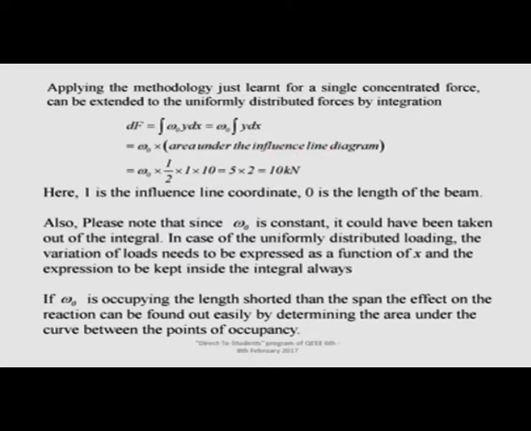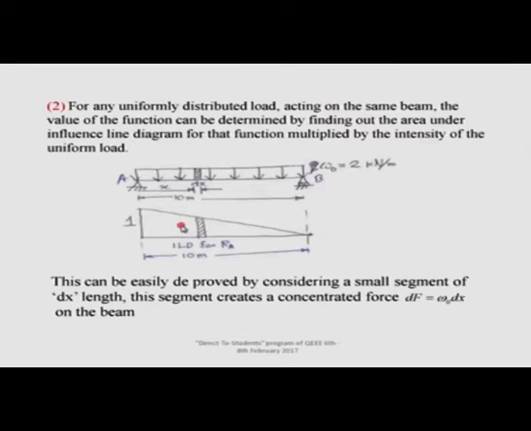If the occupancy of the uniformly distributed load is less, you have no problem. You will find the area under that portion. Suppose the load is from the right end to here, then you will find the area of this triangular portion of the influence line diagram multiplied by the omega, which is the uniformly distributed load. Okay, so I think that is it.